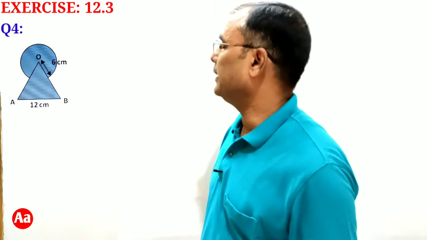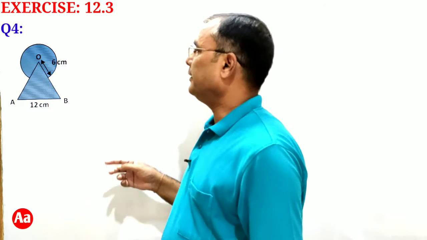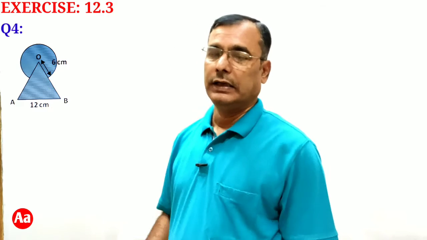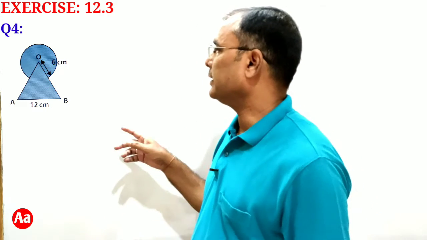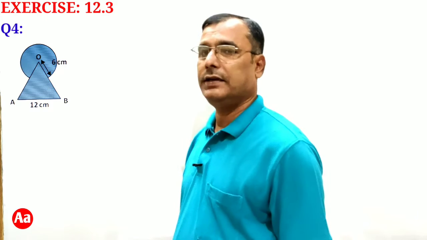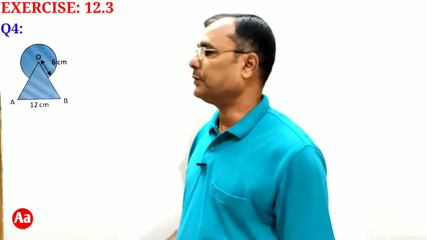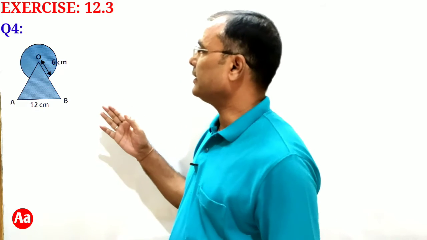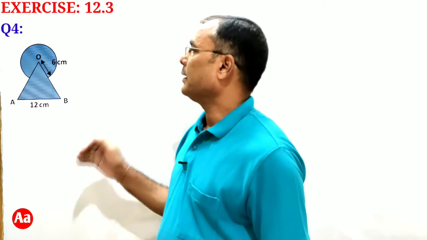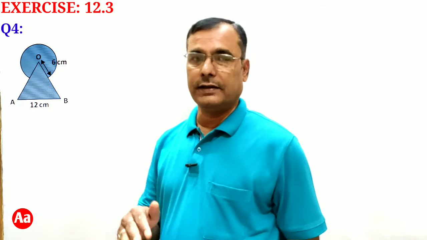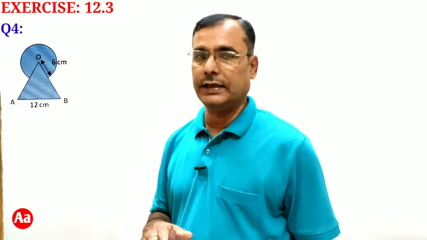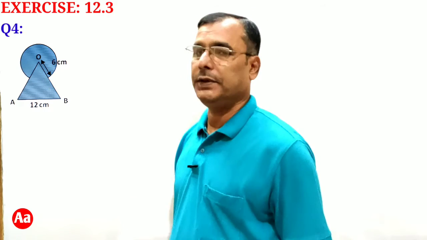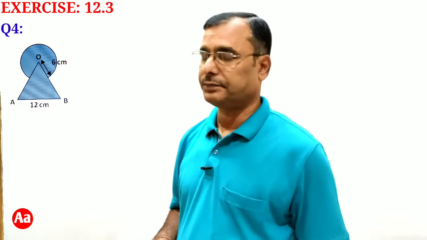In this given figure, O is the center of the circular arc of radius 6 centimeter and OAB is an equilateral triangle of side 12 centimeter. We have to find the area of this shaded region. You can see in this figure that a portion of the circular arc of radius 6 centimeter is shaded, and also the full equilateral triangle OAB is shaded.